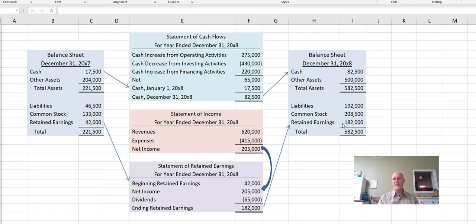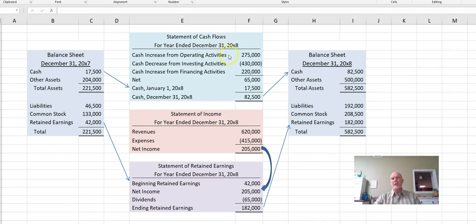And it classifies them according to whether the cash flows related to the day-to-day operating activities, investing activities like buying long-term investments in equipment or buildings, or financing activities, getting new cash from lenders or from stockholders, or maybe paying off loans.